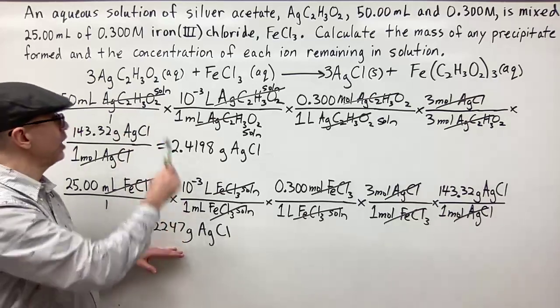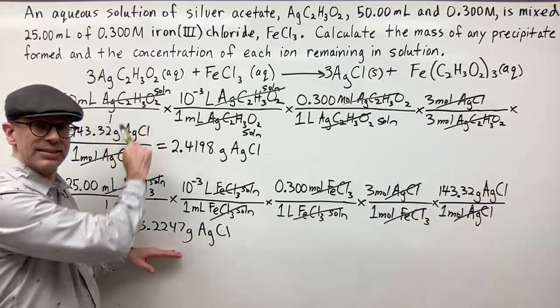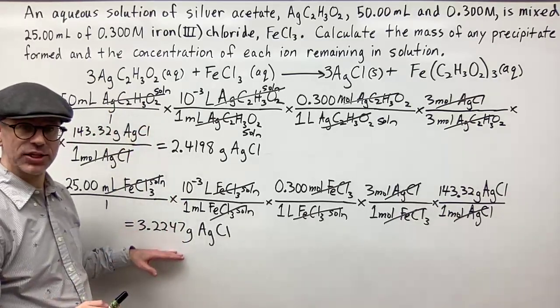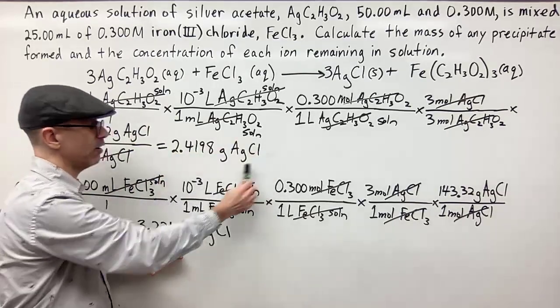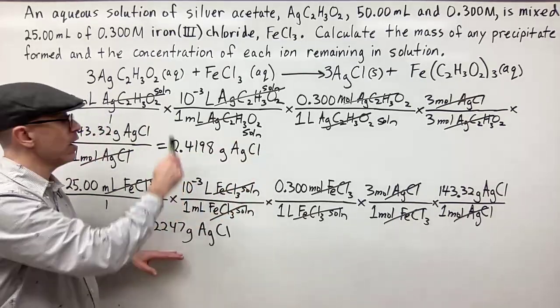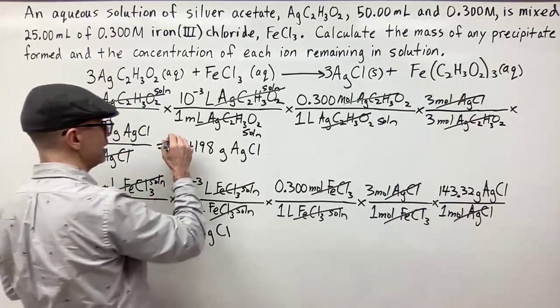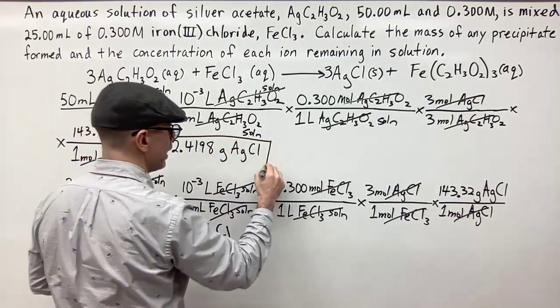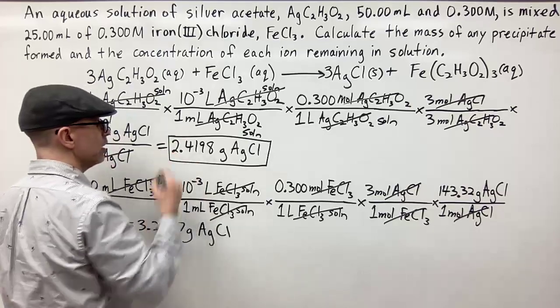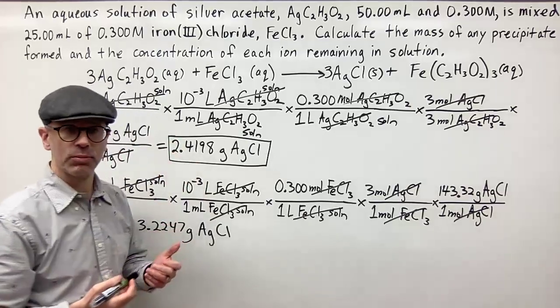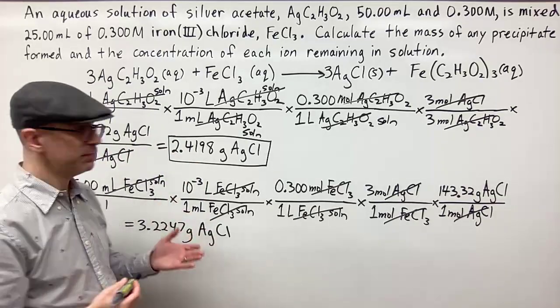So therefore, the silver acetate is the limiting reagent, and this is the amount of product that we get from this amount of silver acetate. So this is the mass of the silver chloride formed from this reaction.